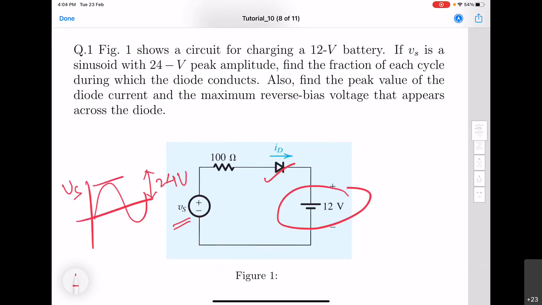So we have to find out what is the fraction of the complete cycle of the input for which this diode conducts. That means this diode is on.